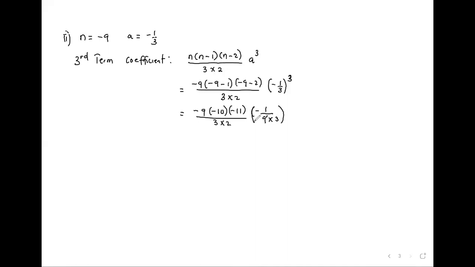So this 9 and its negative can go with this 9 and its negative. This 2 can reduce 10 to 5. So we have +55 over 3 times 3 down, that is 9.